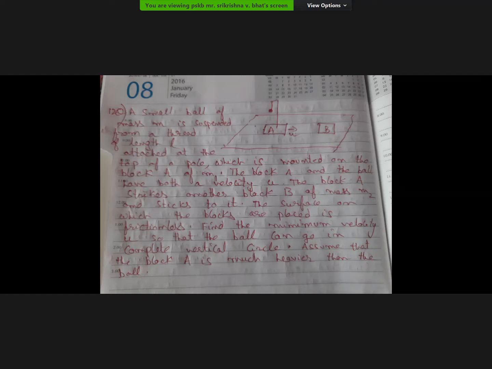M1 plus M2 by M2 into root 5 GL. M1 plus M2 by root 2. By M2. By M2. Okay. M1 plus M2 by M2 into root 2 GL, root 5 GL. Root 5 GL, yes.